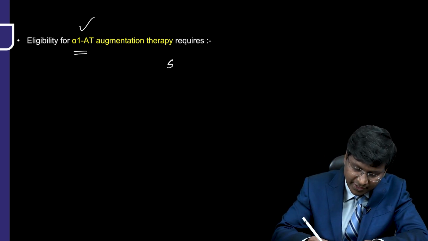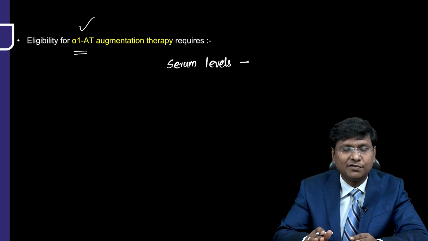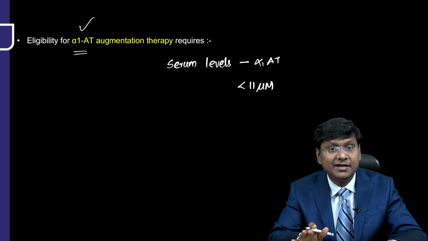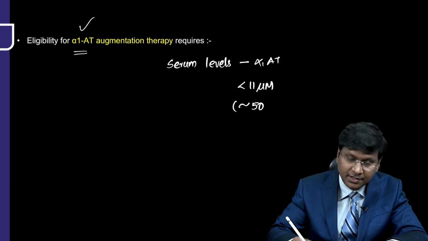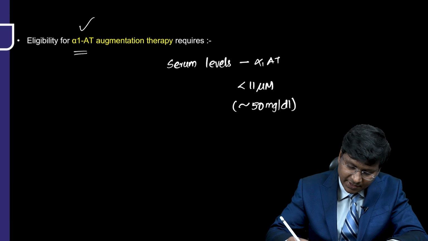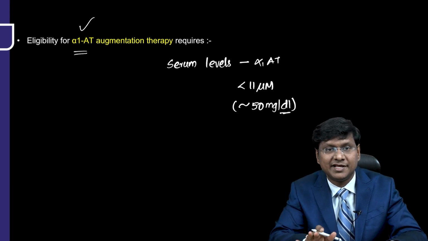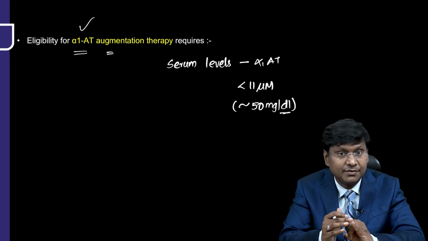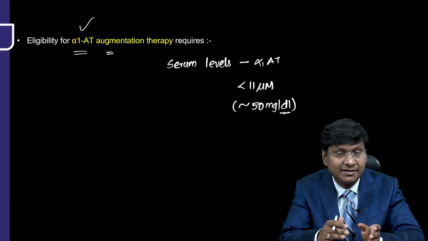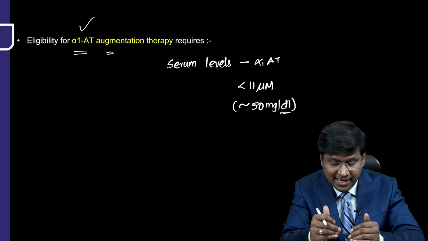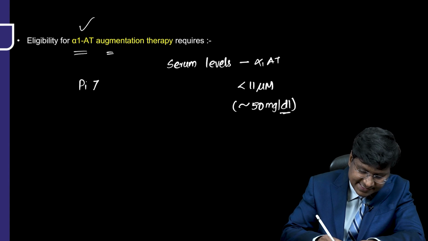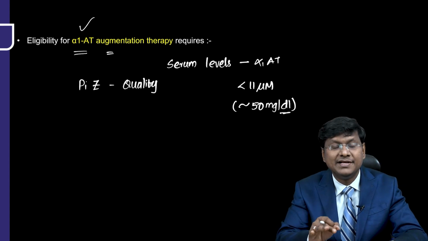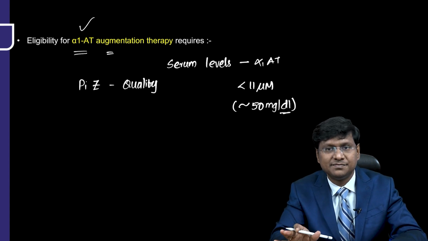Those individuals whose serum level of alpha-1 antitrypsin is less than 11 micromoles, or nearly around 50 milligrams per deciliter, need this therapy. Among the subtypes of alpha-1 antitrypsin deficiency, like M and Z, the PiZ individuals will qualify for the treatment.